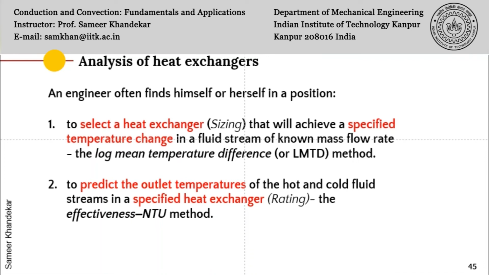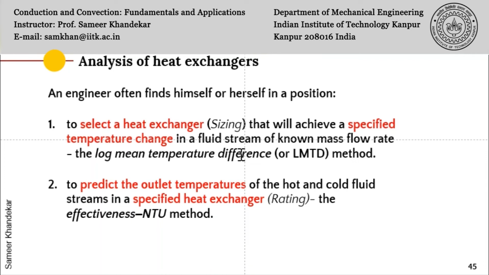is specified to you. The client wants a particular delta T. He knows at what temperature the thing comes out of a system, and he or she wants it to cool down to a certain temperature range, and that is specified, and therefore you have to do a sizing problem. Now such type of sizing problems are dealt with by the method of log mean temperature difference, or logarithmic mean temperature difference, or the LMTD.